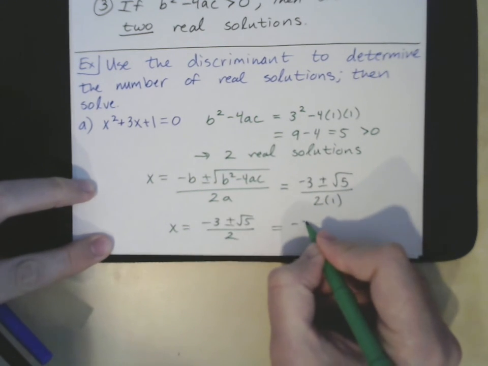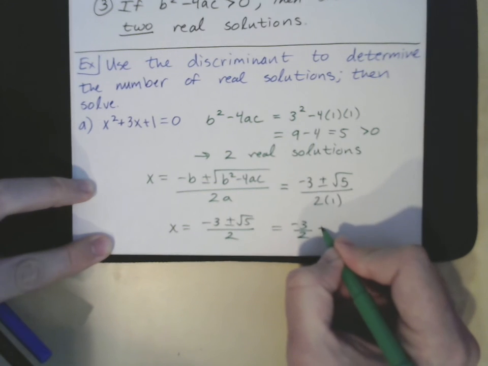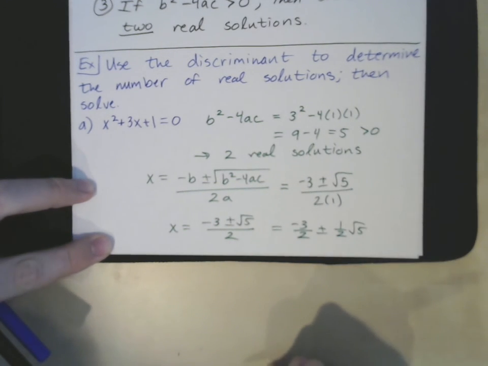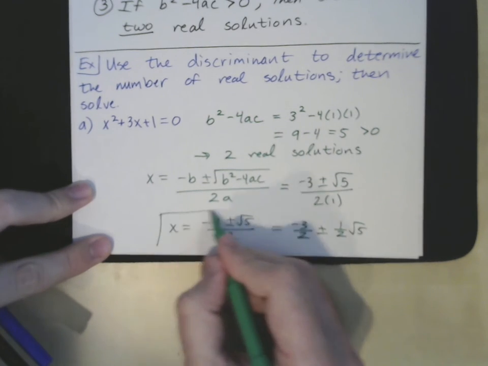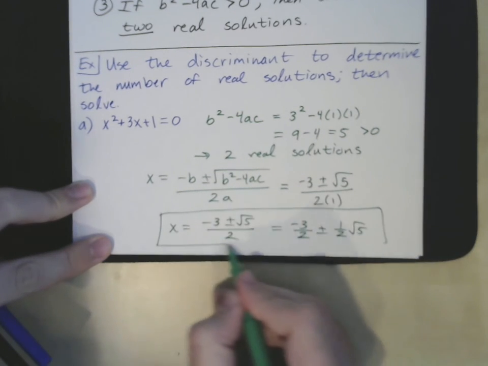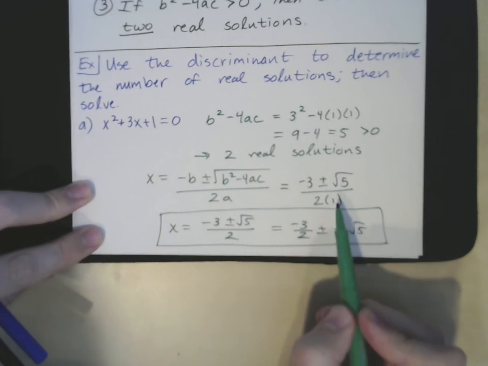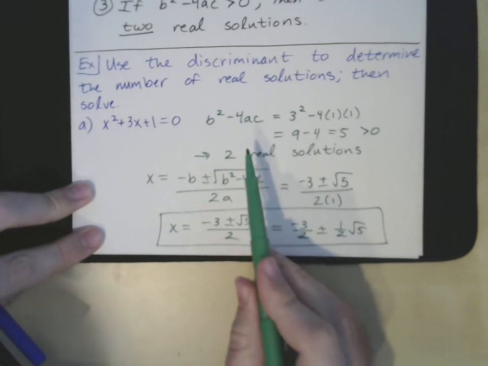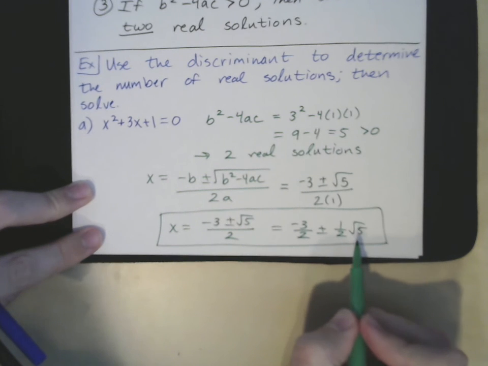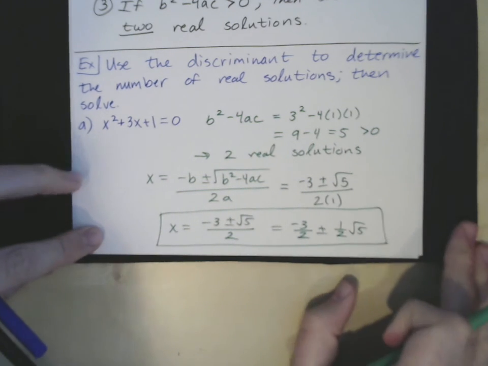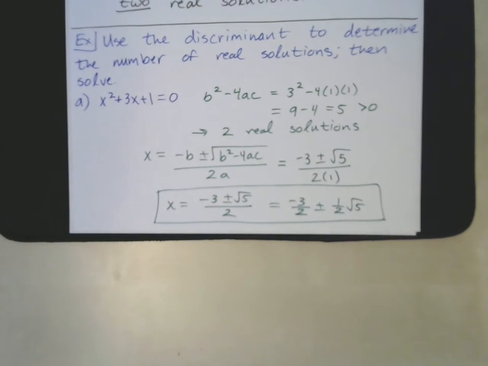Or if we want to write it, negative 3 halves plus or minus 1/2 square root of 5. Either of these is okay. And we can see that our discriminant calculation saved us a little bit of time, and we know that we should have two reals. Well, this is a real number and this is a real number, so when I add or subtract both of these, we will have a real number, which is exactly what we should have.